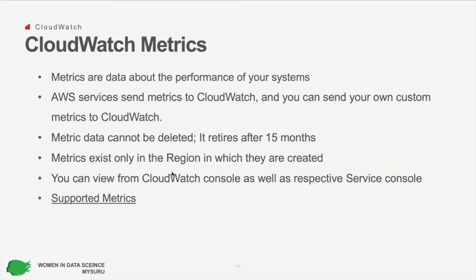Metrics exist only in the region where you have created them, but you can use the CloudWatch cross-region functionality to aggregate statistics from different regions. And you can view them from the CloudWatch console as well as the respective service consoles. You can go to the supported metrics link to see all the AWS services whose metrics CloudWatch supports.